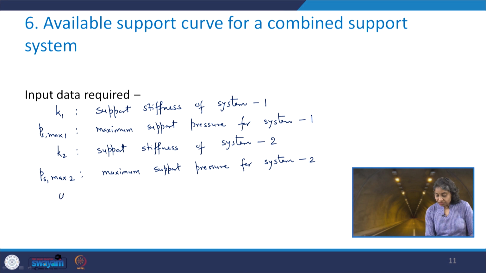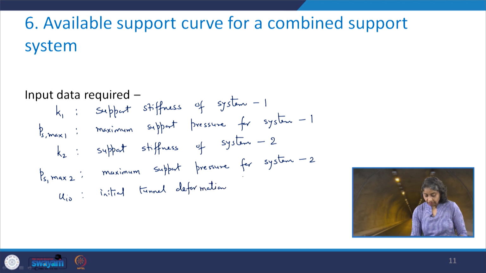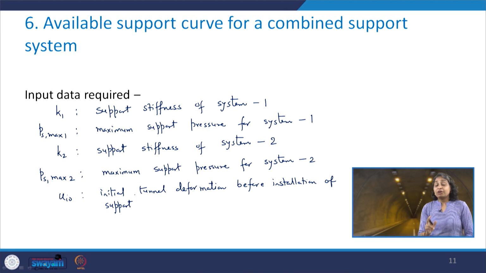Then we will also need Uio, which is the initial tunnel deformation before the installation of the support systems. Now, if you recall our discussion earlier, I mentioned, and again here I am emphasizing, that both the support systems should be installed at the same time.